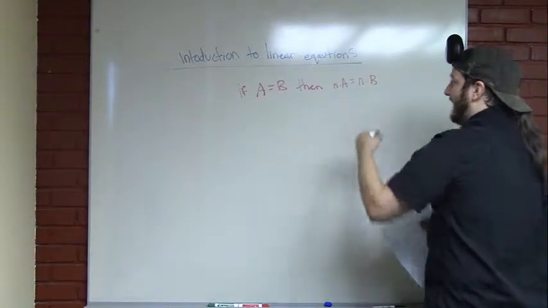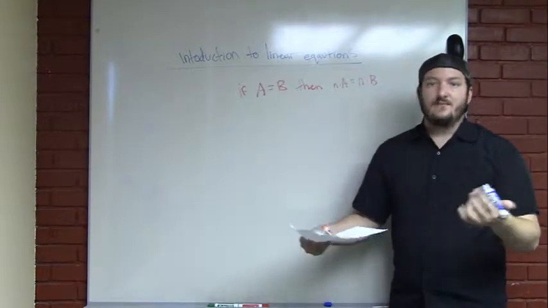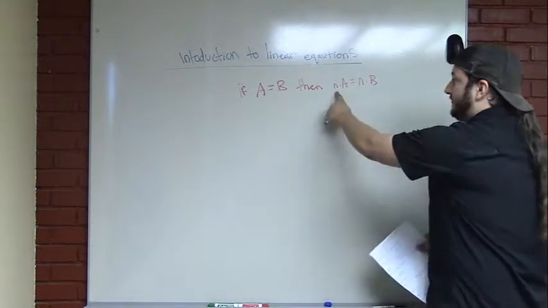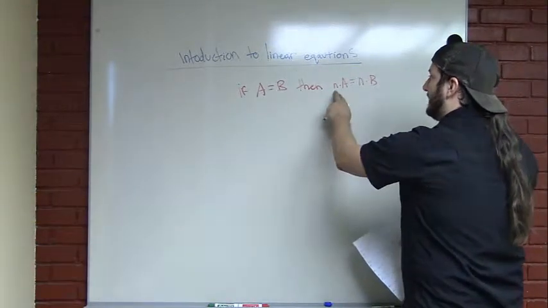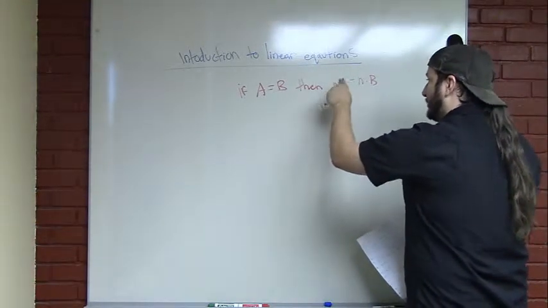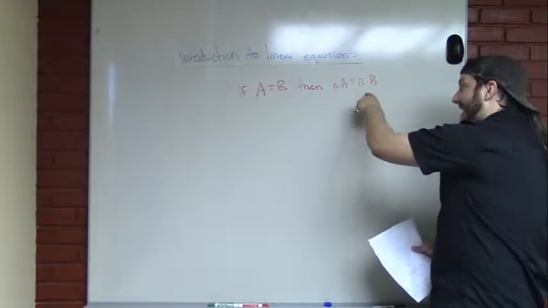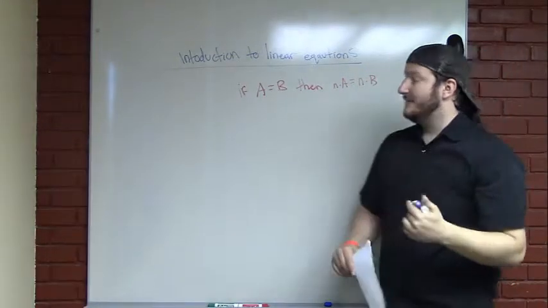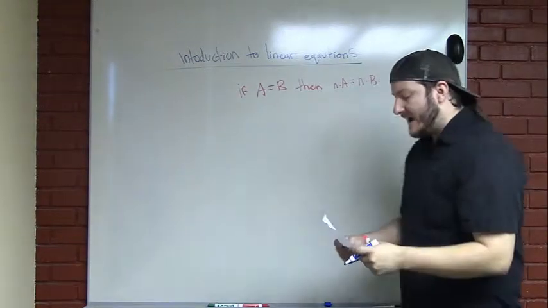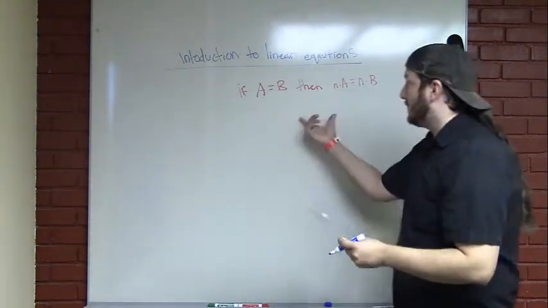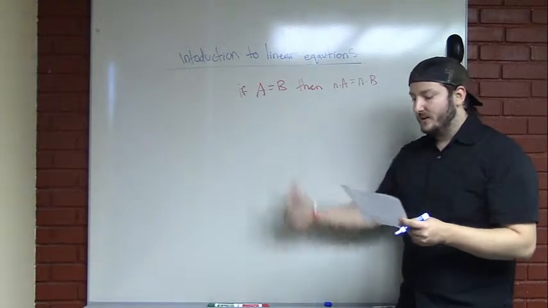So n is just a number, that's why we use n for number. If n was 5, as long as you multiply a 5 on the left and you multiply a 5 on the right side, then the equation's okay. And again, that's the multiplication property of equality.